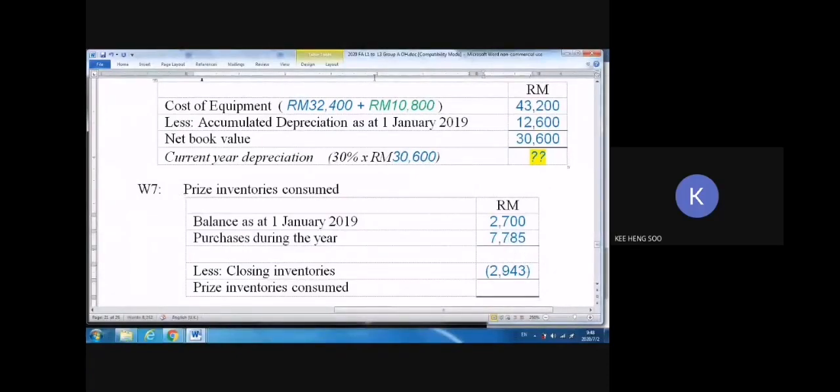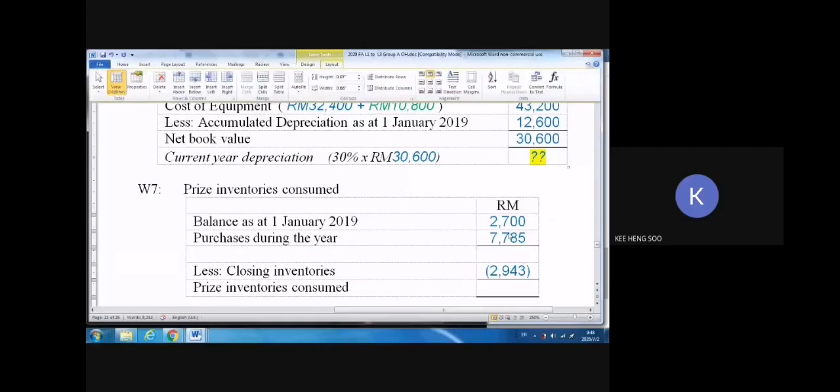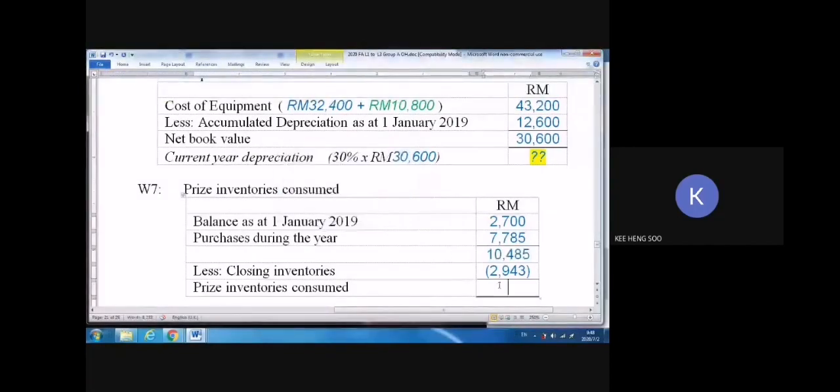Then you add up together, and you minus this one. You can get how much is the figure? 7542.